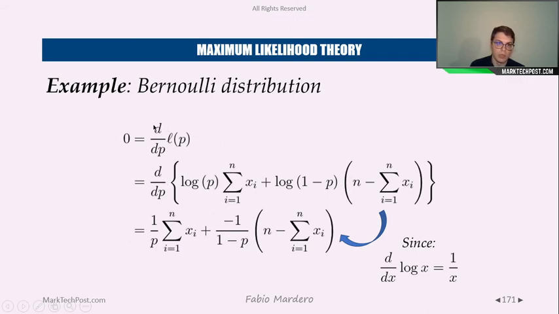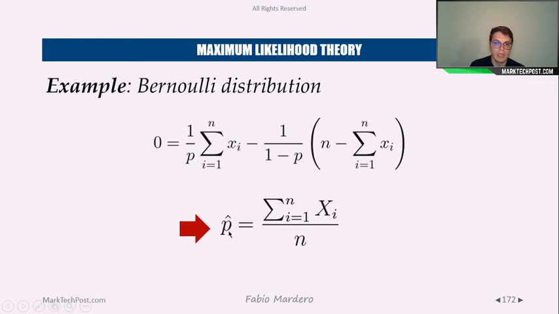We substitute the log likelihood with the values we have found so far, we do the calculation, and we get that the estimator is equal to just the average of xy.